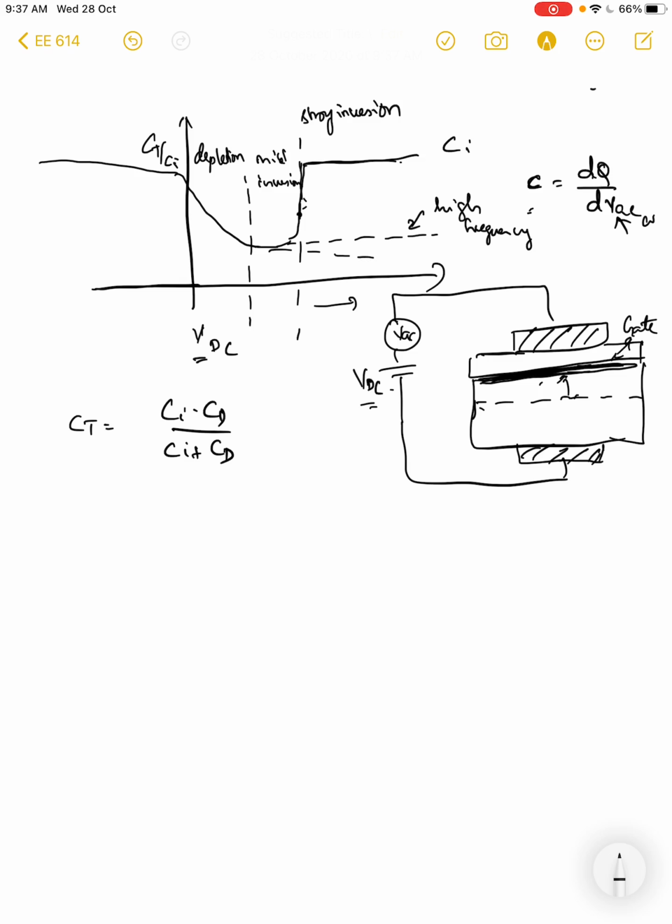You will be able to deplete it further only if you sweep the DC bias as well, in addition to the AC bias sweep that we are talking about, right?